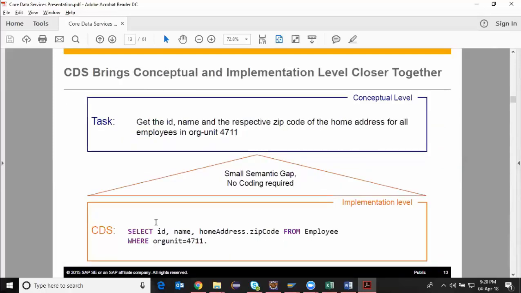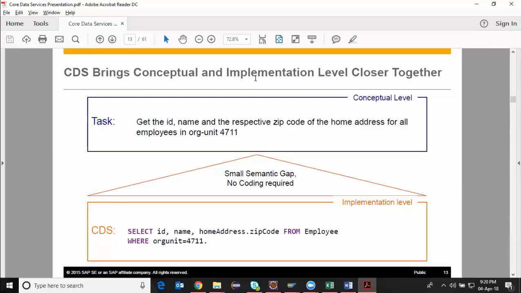So CDS brings your conceptual and implementation levels closer together. That's the exact requirement and definition for CDS. I didn't find this anywhere in the SAP world except this particular document. This is a very nice document you can follow. People say CDS, but what is CDS?